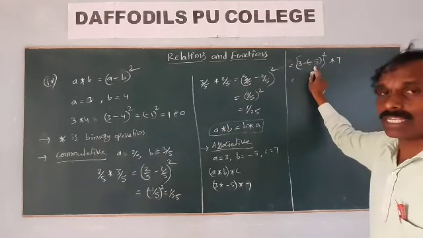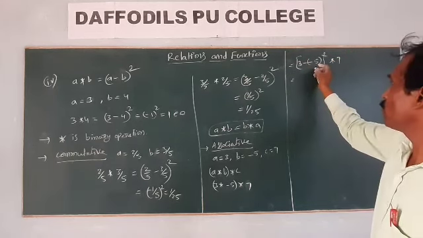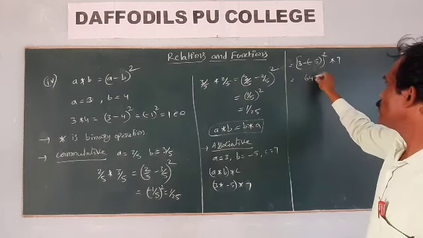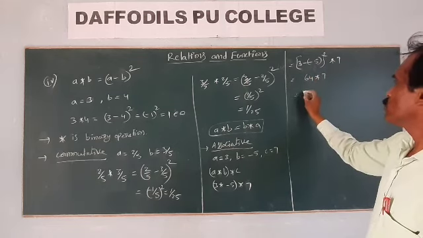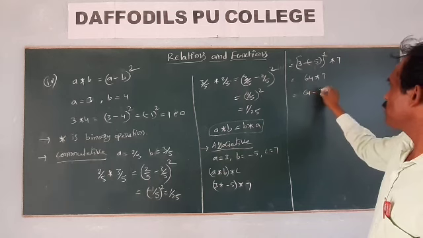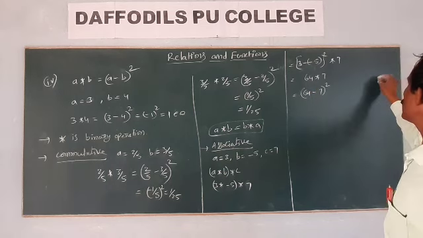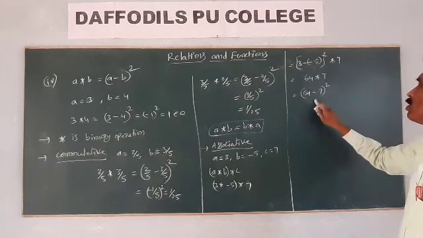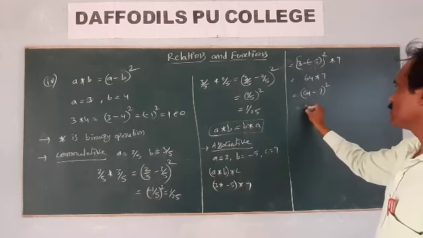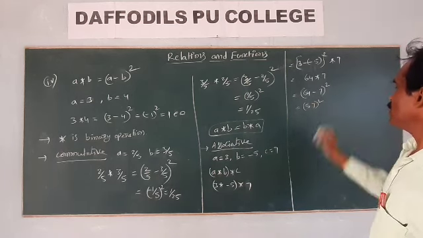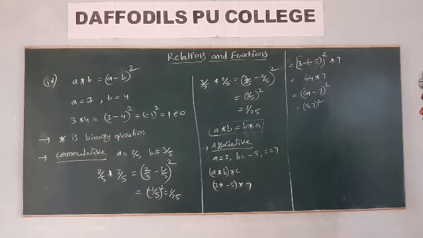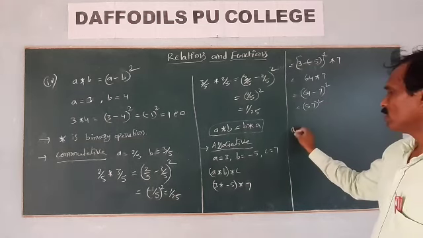This is equal to 3 plus 5, 8 square, 64 star 7. So 64 minus 7 whole square. 64 minus 7 means 57, 57 whole square.